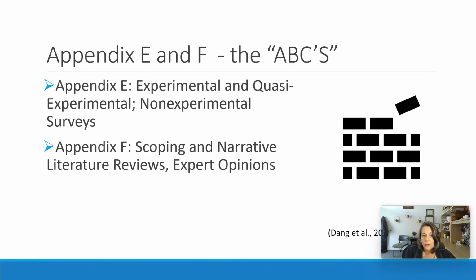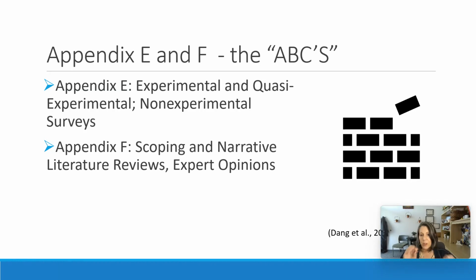Okay, so that takes us through Appendix D, and then Appendix E takes us to looking at the quality. This is our ABC quality levels, okay? So Appendix E will give us the quality, the A, B, or C level of experimental, quasi-experimental studies and non-experimental studies.